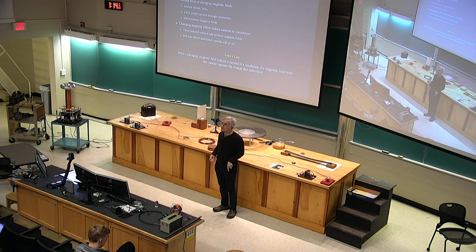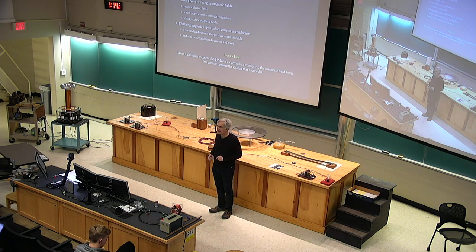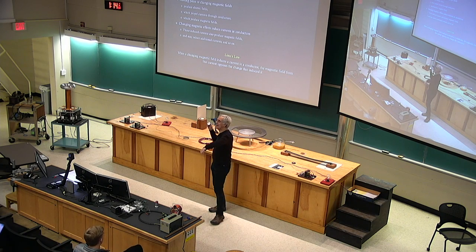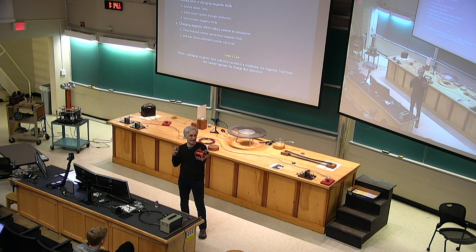The current is going to have its own magnetic field. And that magnetic field will oppose whatever you're doing to create that magnetic field. So if the magnet is approaching, before I show you the demonstration, I'll talk it to death. I know, it's a bad habit, but I do it anyway.